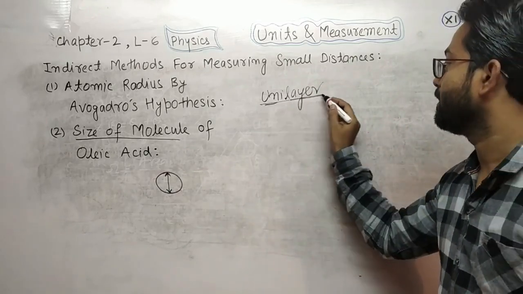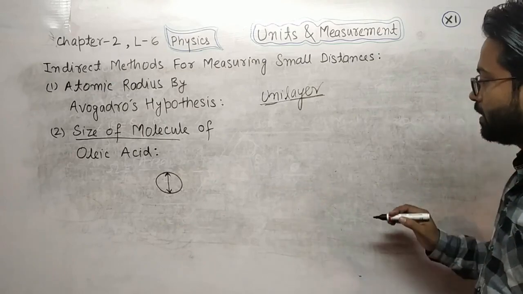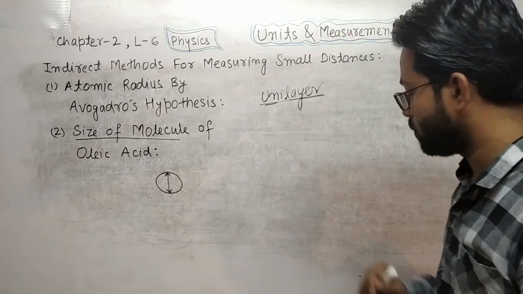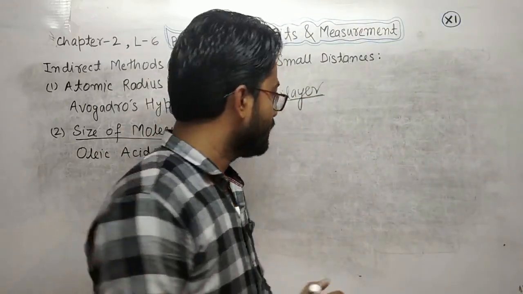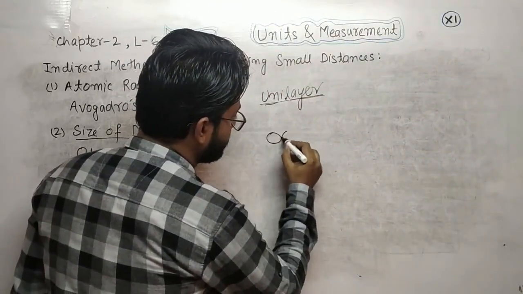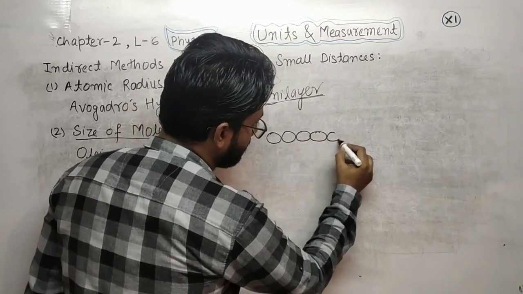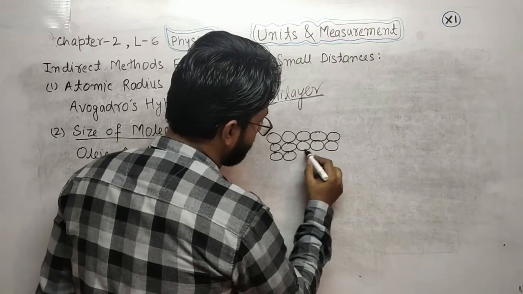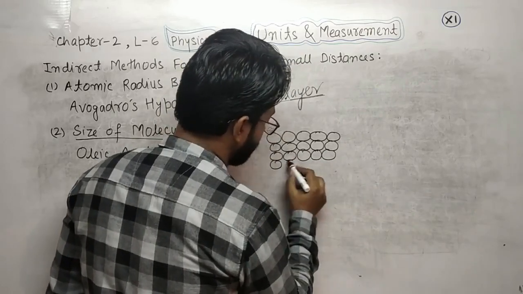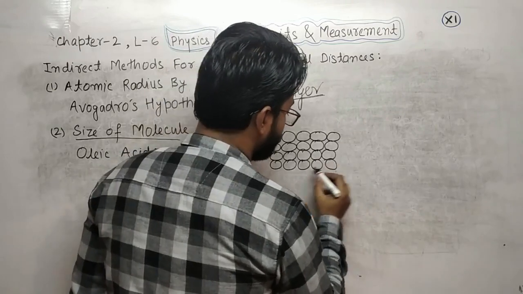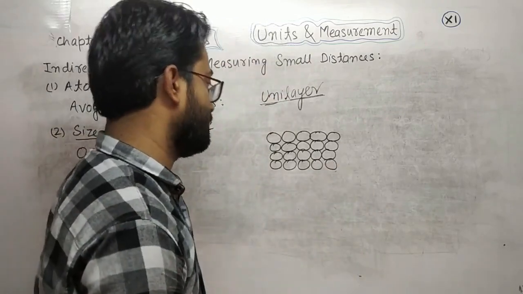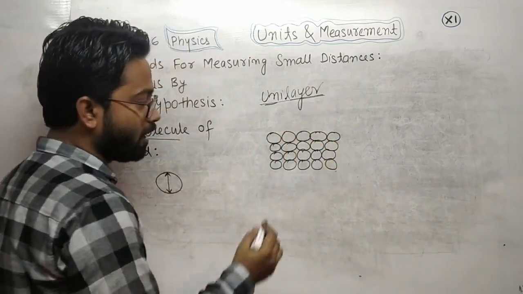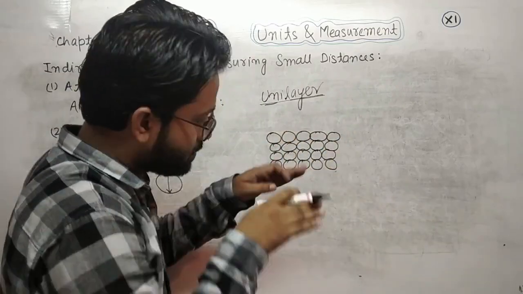Unilayer, single layer means, if you see these small balls, very small balls, and you put them like that, this is a unilayer. If you see the unilayer from the top, that will look like that.